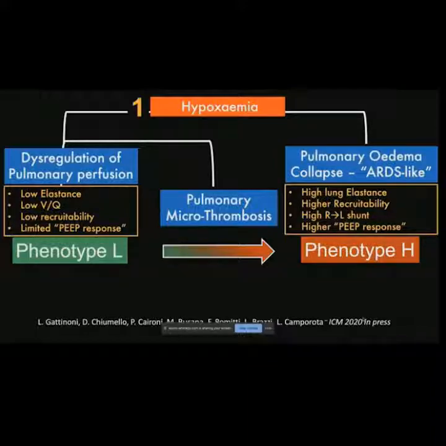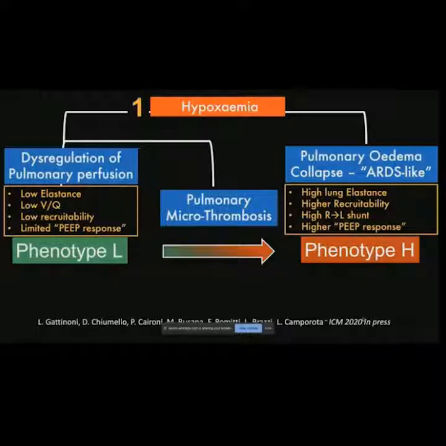They either have a phenotype L or a phenotype H. And looking at this diagram here, you could see that initially patients with hypoxemia, it's either due to dysregulation of pulmonary perfusion that could cause pulmonary microthrombosis, which is why we see a lot of patients with microthrombi manifesting in either pulmonary embolisms or DVTs, essentially venous thromboembolisms. You could also see patients with pulmonary edema collapse that appears ARDS-like. And the way that this author named ARDS-like has a specific pathophysiology that I'll explain later.